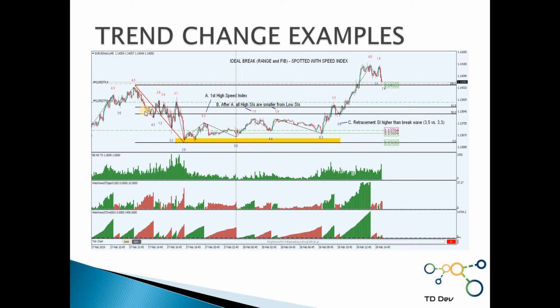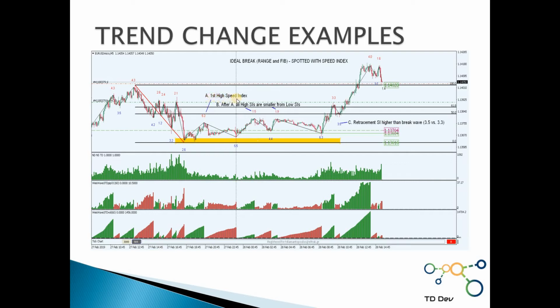So as we were going down with speed indexes 4, 2.6, 2.4, 1.1, then the first up wave with significant big difference, it's right here, 5.2 speed index.